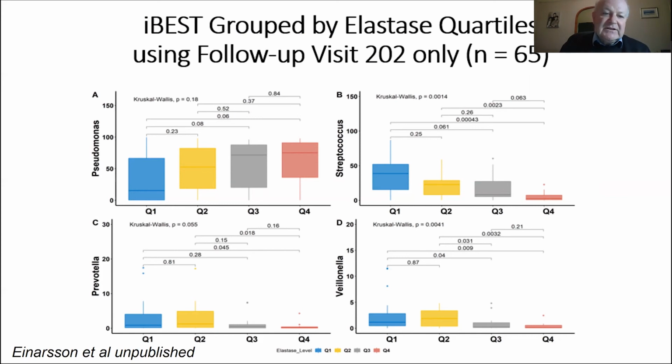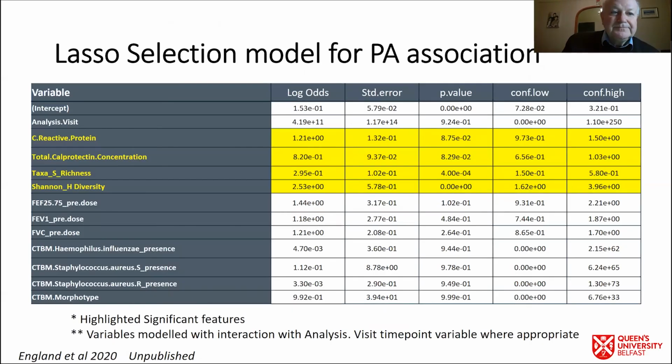And again, we see this inverse relationship with Streptococcus, Prevotella, and Veillonella, which you may consider as healthy commensals in the airway. And the conclusion from this slide is that a more diverse airway is more likely to be less inflammatory and cause less damage to the airways.